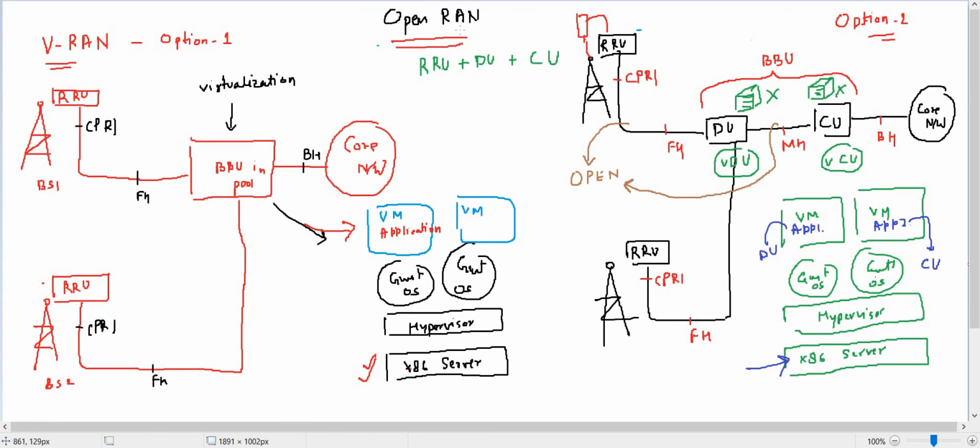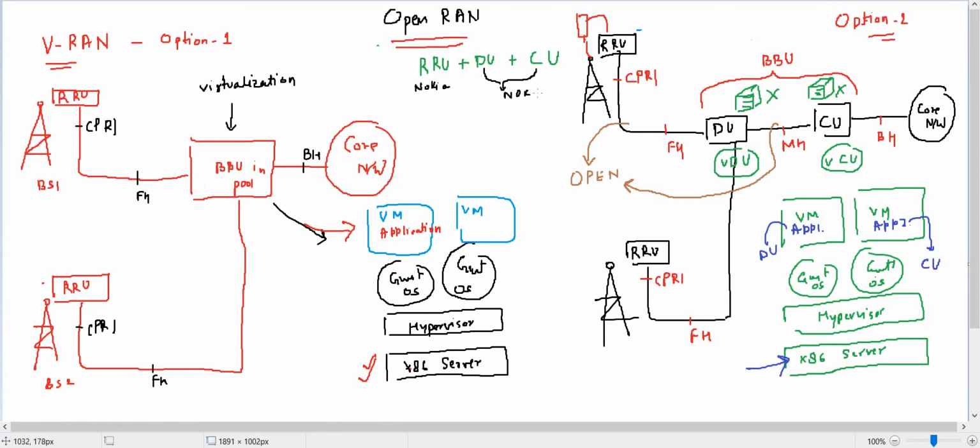In virtual RAN there is a restriction on the operator, right? If you are buying the RRU from Nokia, you have to buy the DU and CU also from Nokia.